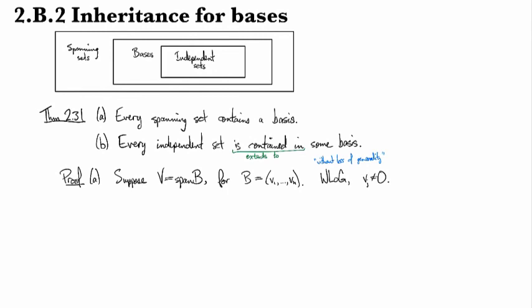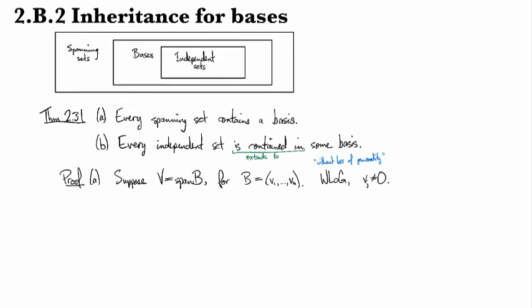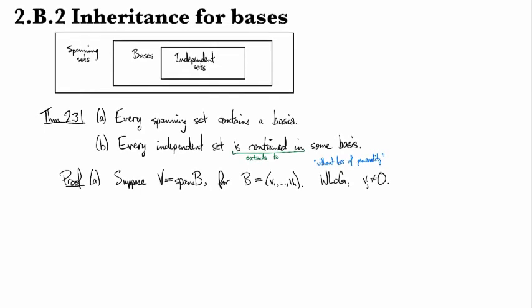And the reason why I can make this additional assumption is because if there's a 0 in there, then we can just delete it and take B to be the new list obtained by deleting any zeros.